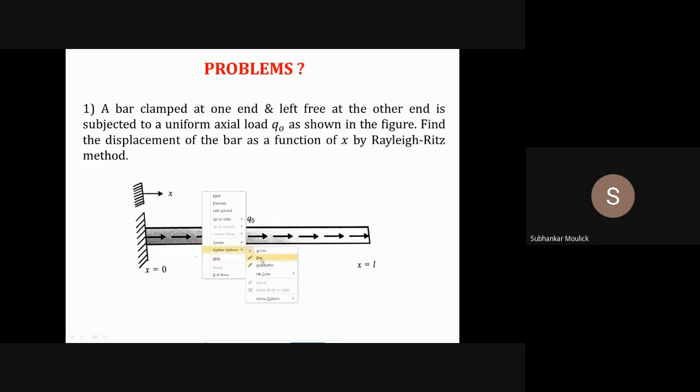Let us assume that the bar will displace due to this axial load Q naught, and let this displacement be U, which is a function of x. We need to find out how each and every node or element is displacing due to this axial load Q naught by the Rayleigh-Ritz method. Is the problem clear?